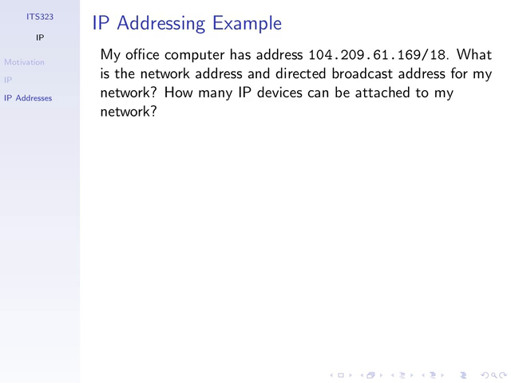So you can work out, given that information, what the network address is, what the directed broadcast address is, and how large the network can be in practice. If I wanted to support more devices, I would need a different network mask.